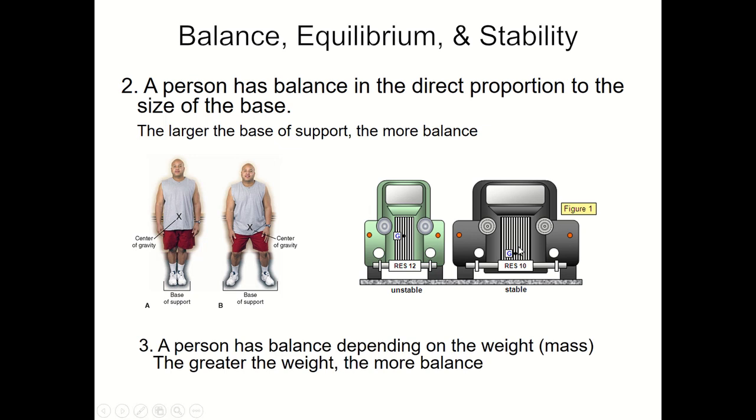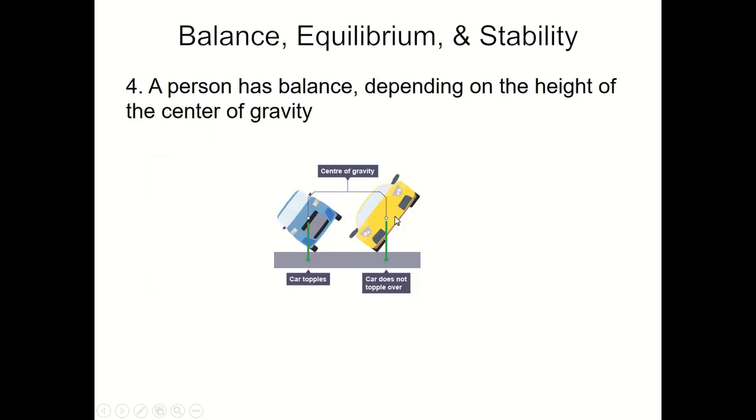Third, a person has balance depending upon the weight or the mass. So the greater the weight, the more balance you have. Okay. This car also is a lot heavier than this one would be. Fourth, a person has balance depending on the height of the center of gravity, as I just said. So if we have a car here, this is that skinny car, small base of support, higher center of gravity, and this one has a wide base of support, lower center of gravity.